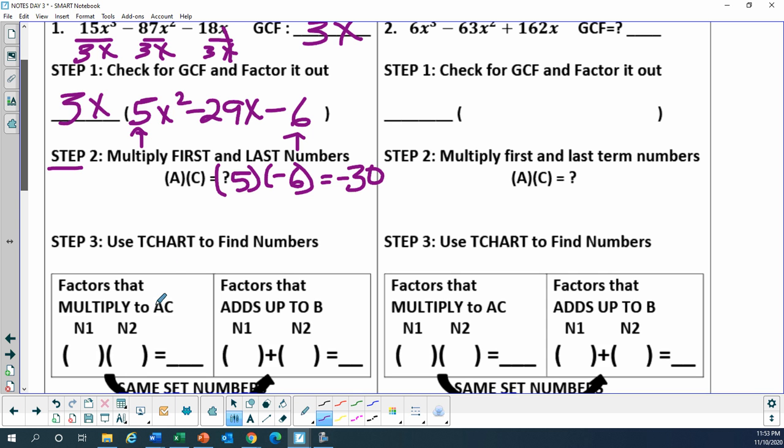So now my a times c is going to be negative 30, right? So number 1 times number 2 is going to give me negative 30. When I add the 2 numbers, it needs to give me the middle number, which is negative 29. So when I multiply it, it needs to give me negative 30. When I add it, it needs to give me negative 29.